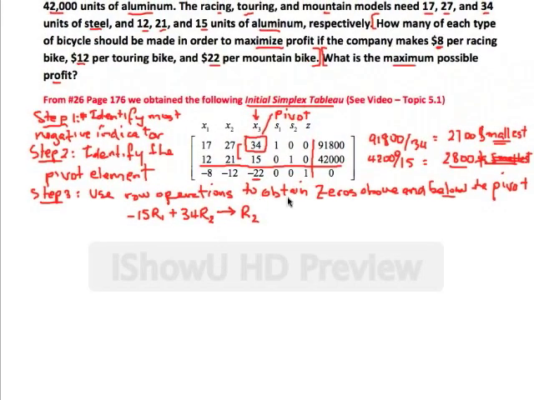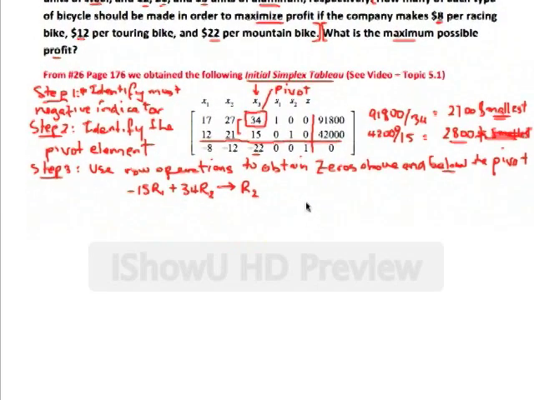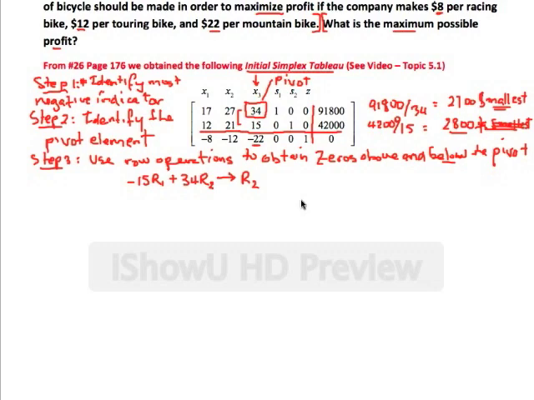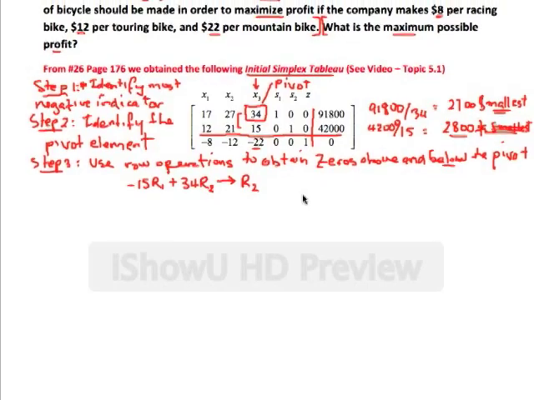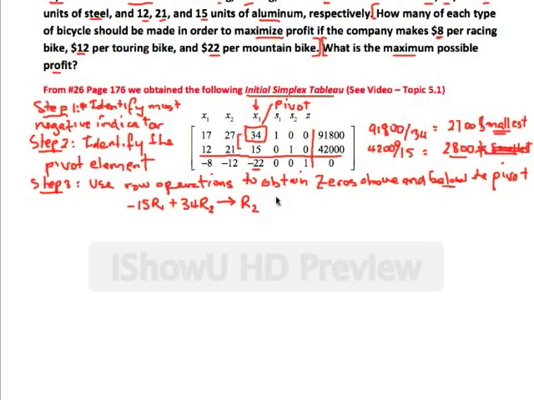And we need to get rid of this negative 22, so we need to look at something between those two. 22 and 34 could have a common multiple, and 17 goes into 34, so I think 11 and 17 will probably work.